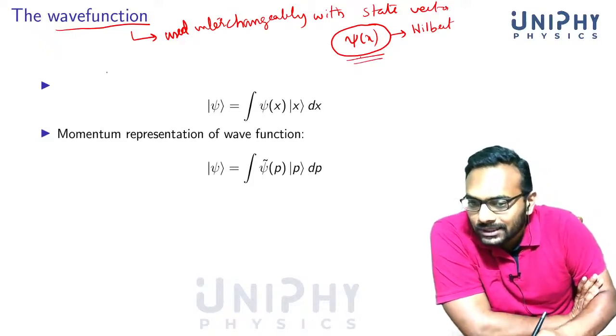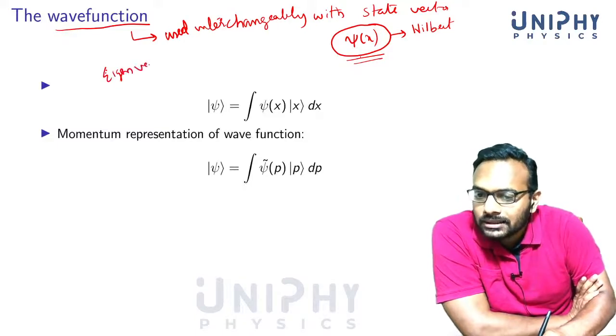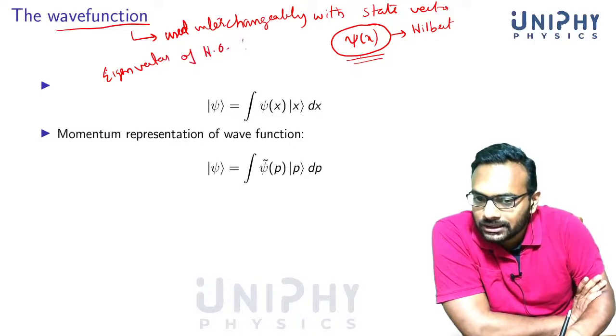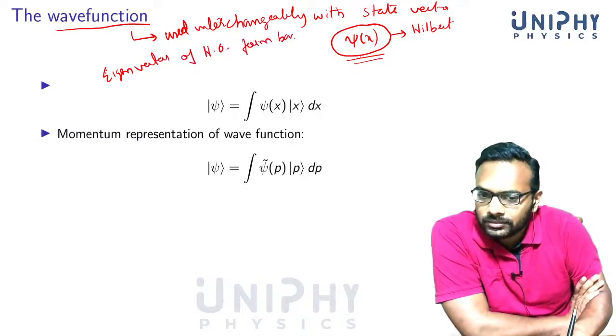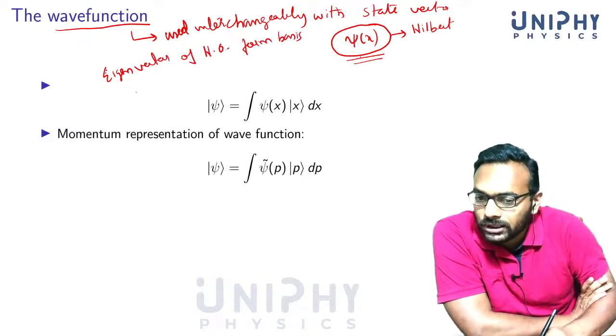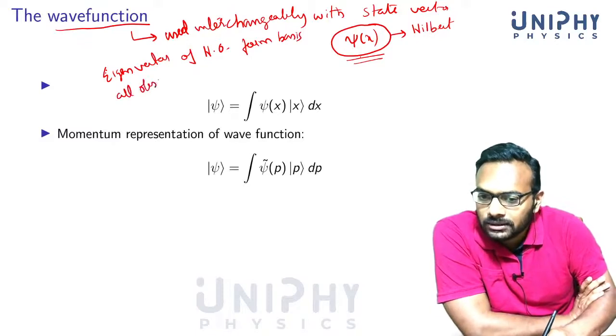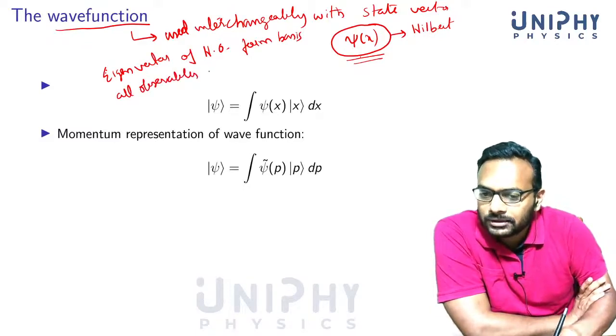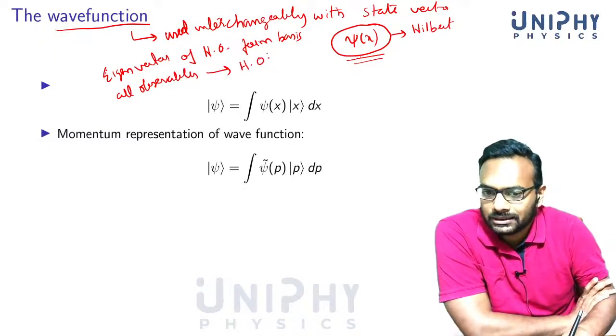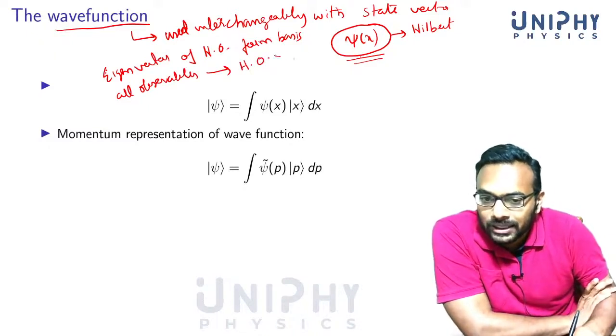We said that eigenvectors of Hermitian operators form bases, and corresponding to all observables, you have a Hermitian operator. So the basis is not unique.